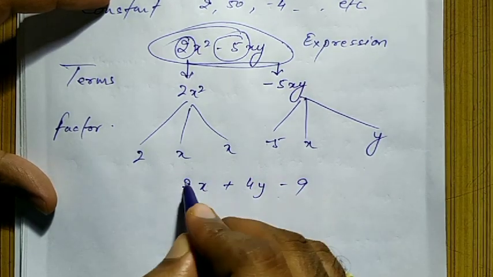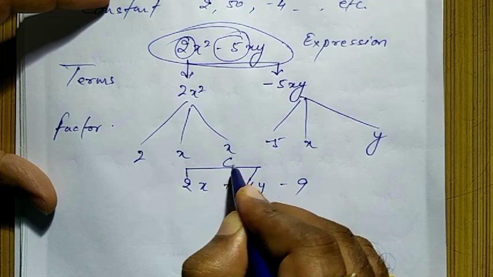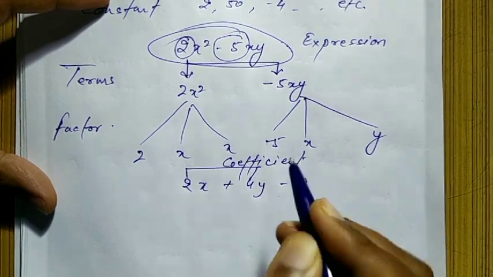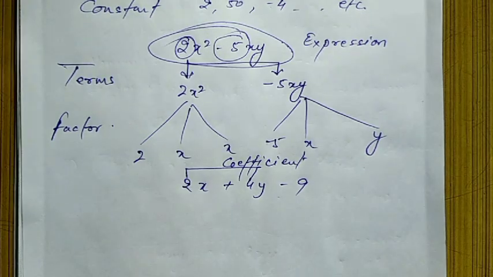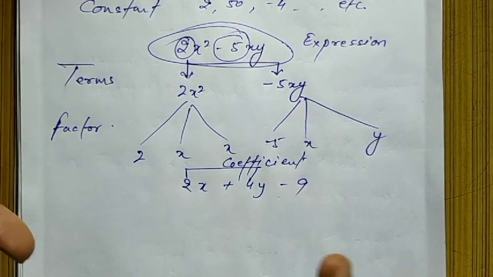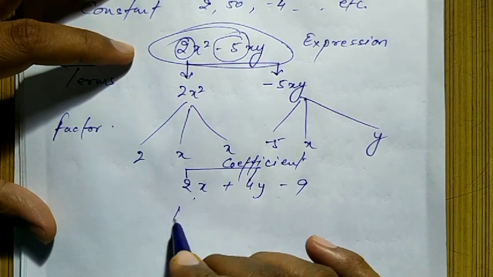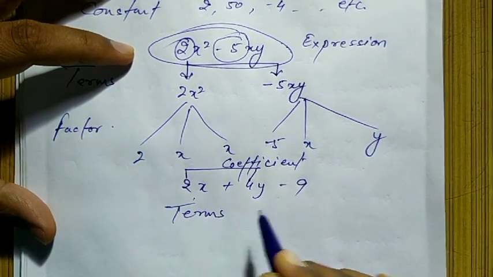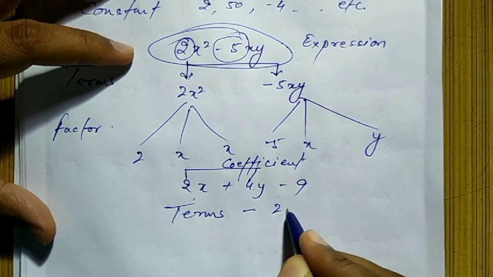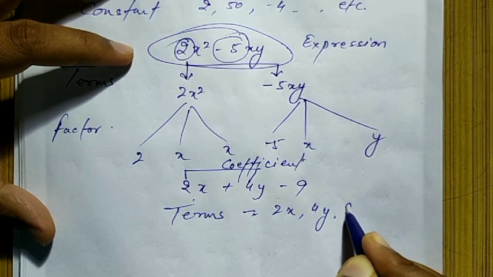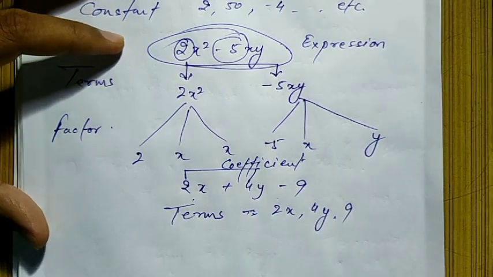So these are the coefficients. This I already discussed in my previous video, this is only revision. And the terms are 2x, 4y and 9.